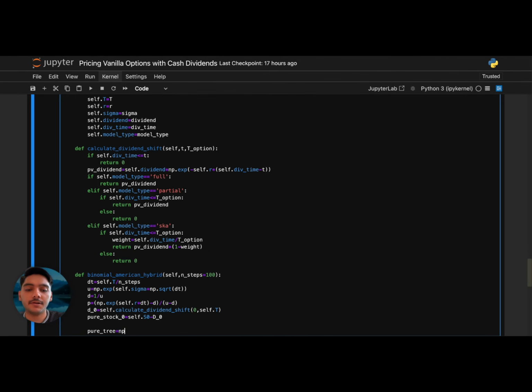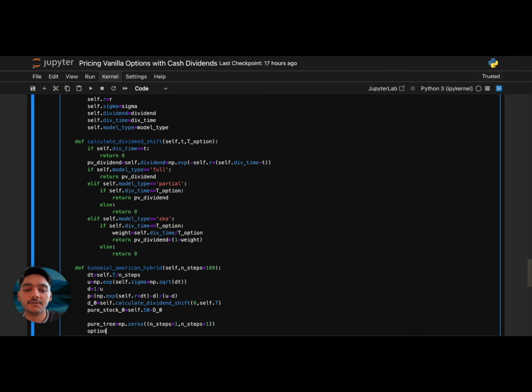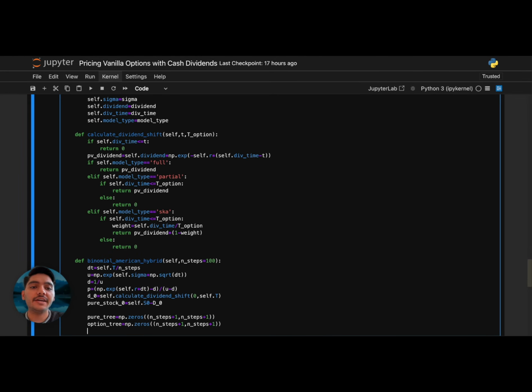Pure tree is equal to np.zeros (n_steps plus 1, n_steps plus 1), and the option tree will be np.zeros (n_steps plus 1, n_steps plus 1), and we will be initializing the final value.